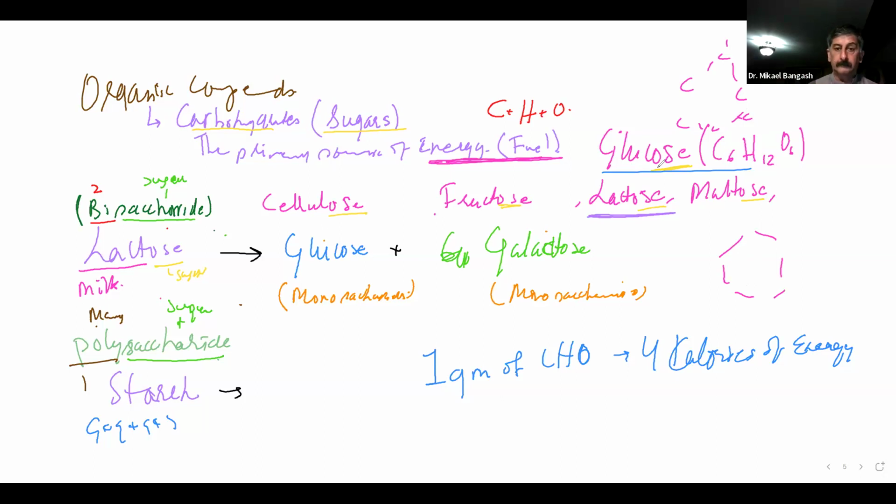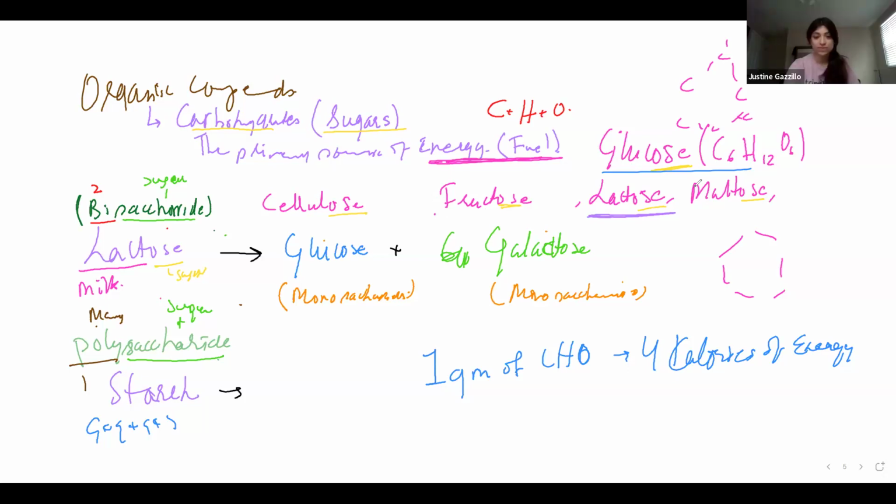But there are going to be some sugars with a different number of carbons, hydrogens, and oxygens in that carbohydrate molecule, which makes them a different type of sugar. Did you get that?